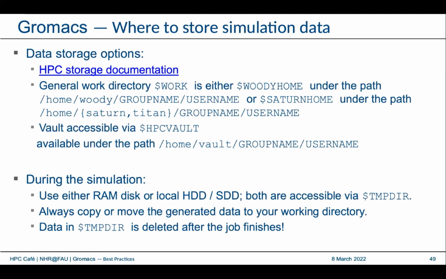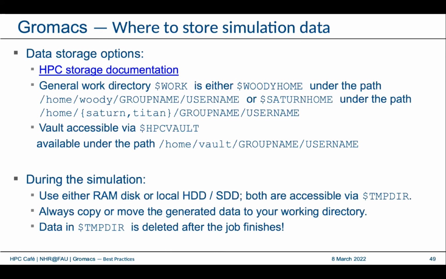During the simulation, to be independent from our network and possible network problems, use the RAM disk or the local hard disk, which are both accessible via $TMPDIR. In case you don't know how to use it, please contact us. It's really easy.